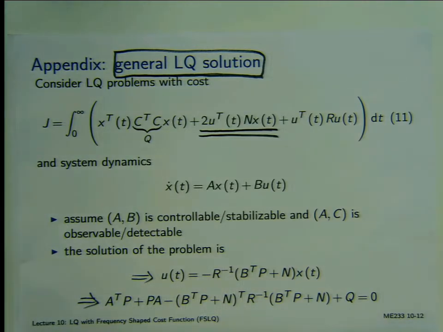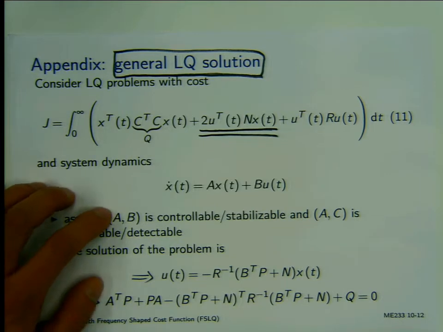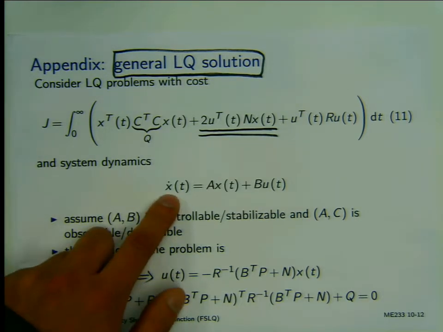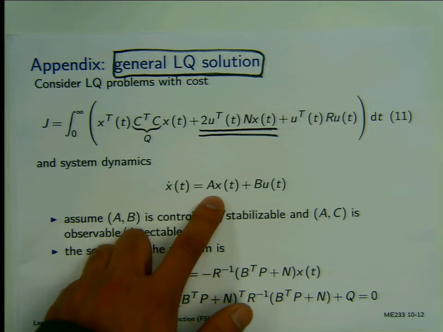Okay, so let me ask you first, if AB is controllable and the full state is accessible, can we control x to reach 0, if AB is controllable, right?